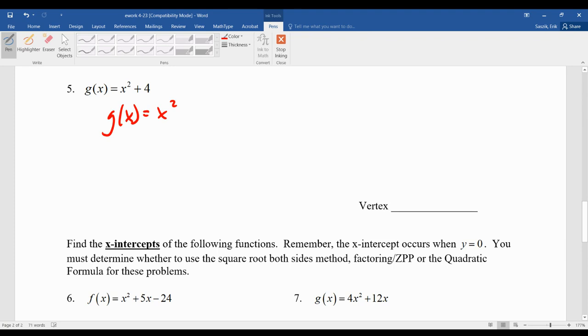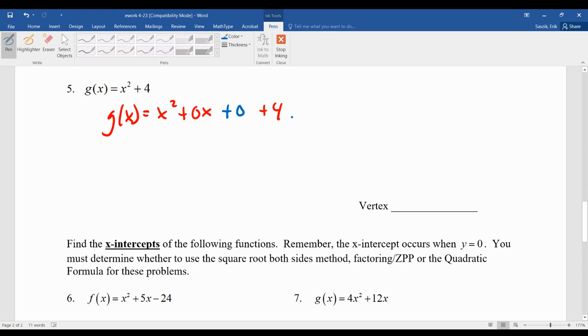So, x squared. Now, notice how there's no x term here. And the reason why there's no x term is it must have been 0x, but we wouldn't write 0x. Let me go ahead and write it here right now just so you see it. I'm going to leave a little space, and there's my plus 4. Now watch what happens here. Half of 0, of course, is 0. I square that, I get 0.